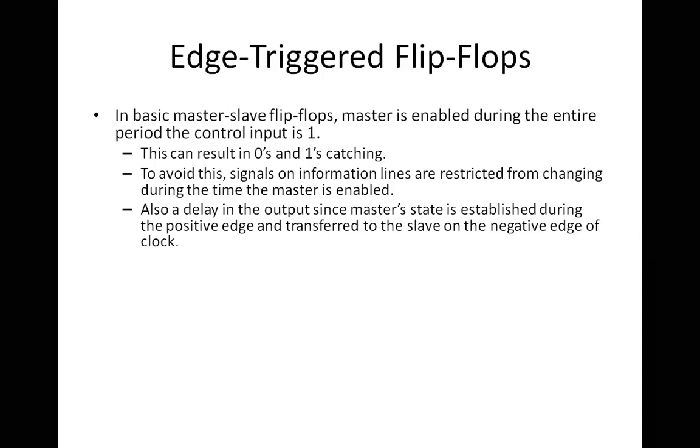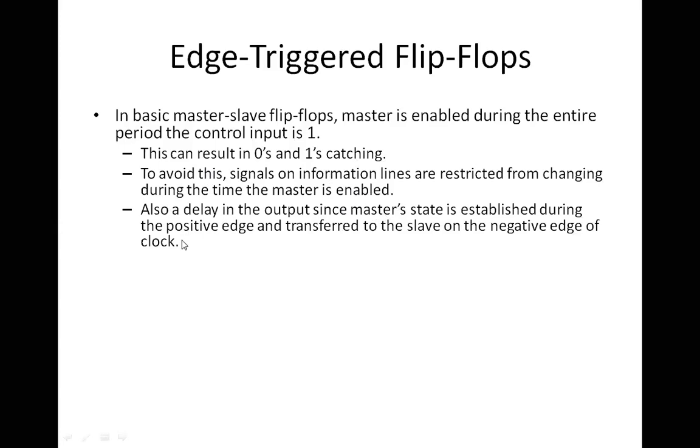To avoid this catching problem, we go with something called edge triggered. As soon as there is a rising edge or falling edge, immediately the value should be updated. Signals on information lines are restricted from changing during the time the master is enabled. So whenever the master is enabled, we make sure the values don't change.